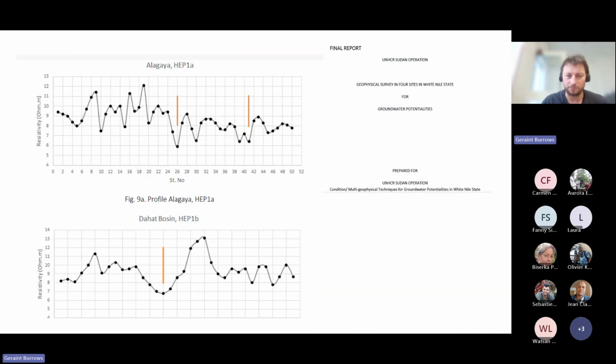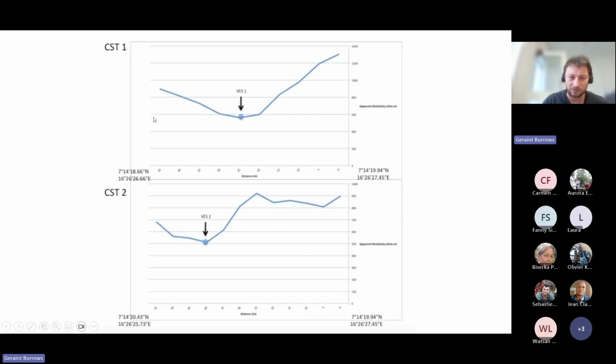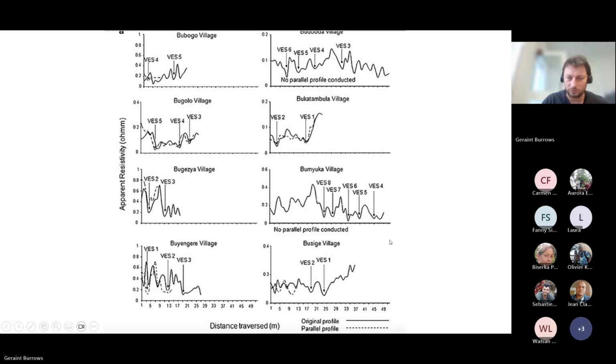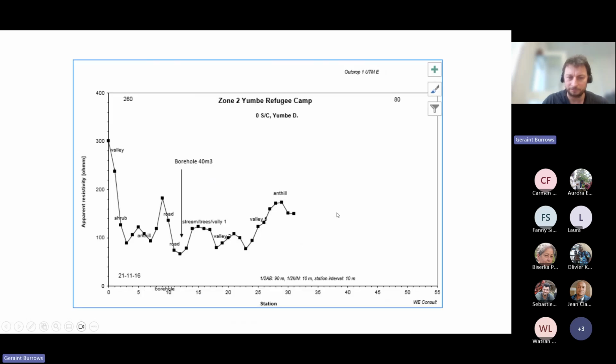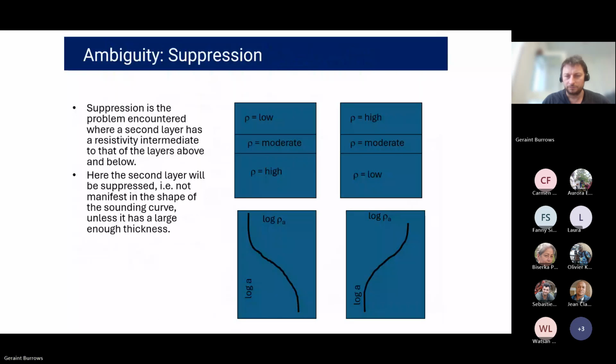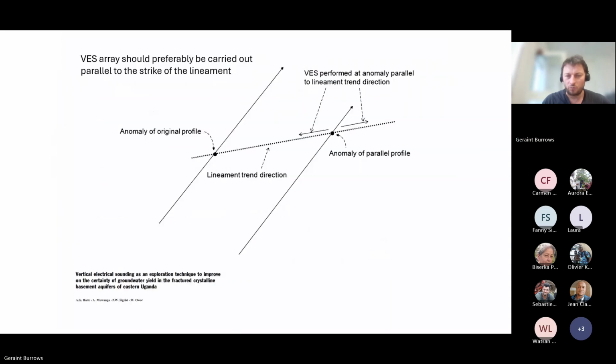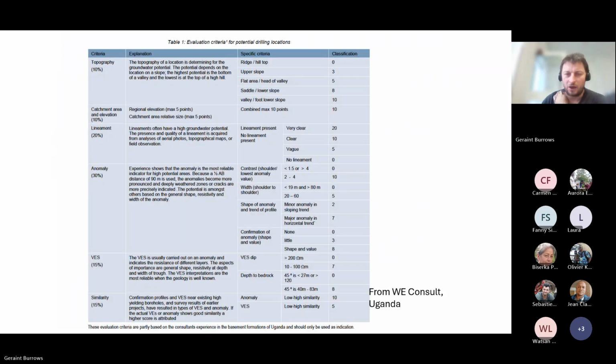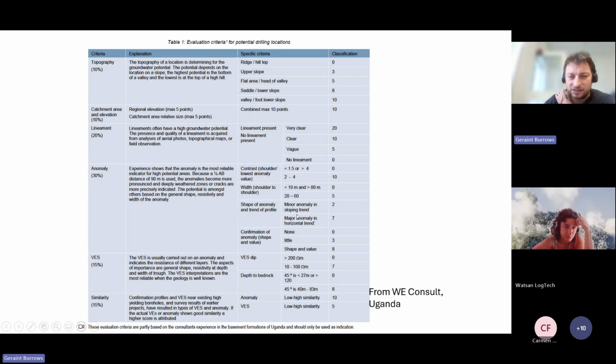But depending on the shape and depth of this anomaly compared to the background readings, which is away from the anomaly, that's probably a bad example. But for example, here, the shapes of these anomalies will depend on the success of the borehole as well.